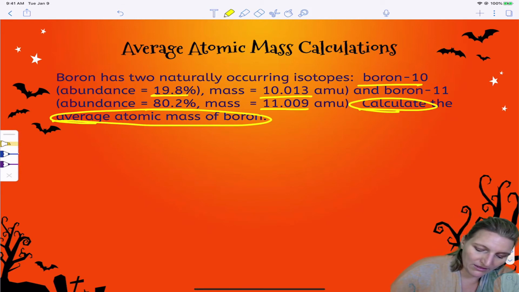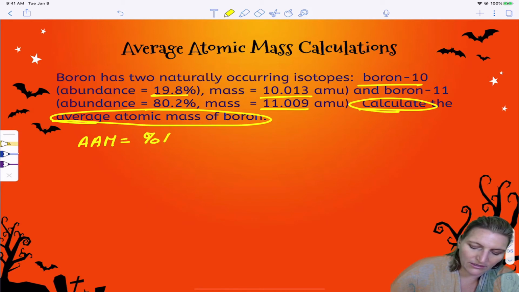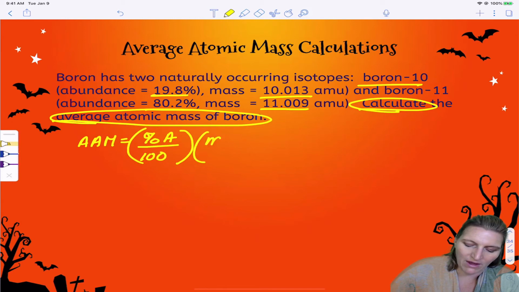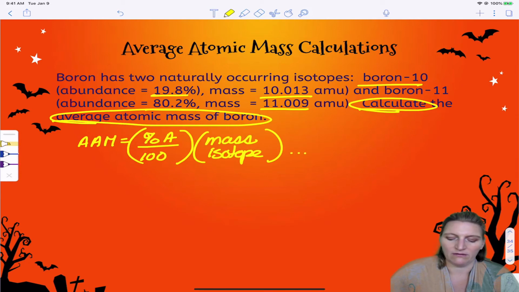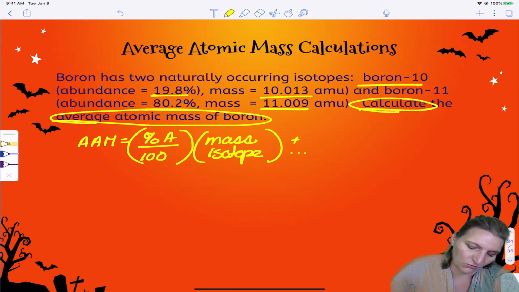And then I write the formula. Average atomic mass is equal to the percent abundance over 100 times the mass of the isotope, and then I put an addition sign, and I do that for every single isotope.